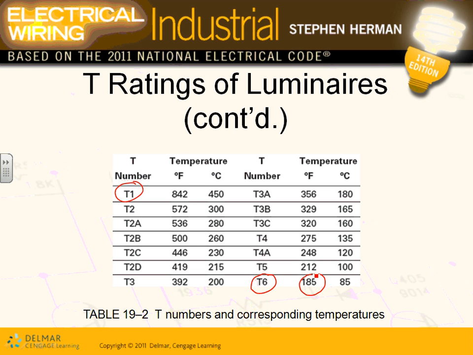Look at this one, the worst: the operating temperature for this is 842. That's hot, so that could not be a good option for certain locations. Does that make sense? The higher the T number, the smaller the maximum operating temperature of that fixture. Based on these, the fixture will qualify to fit in a Class 1, 2, or 3 location.